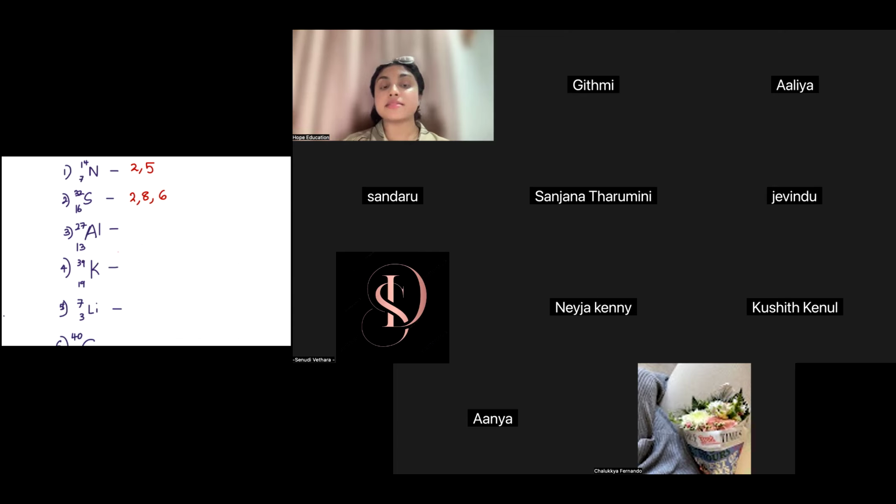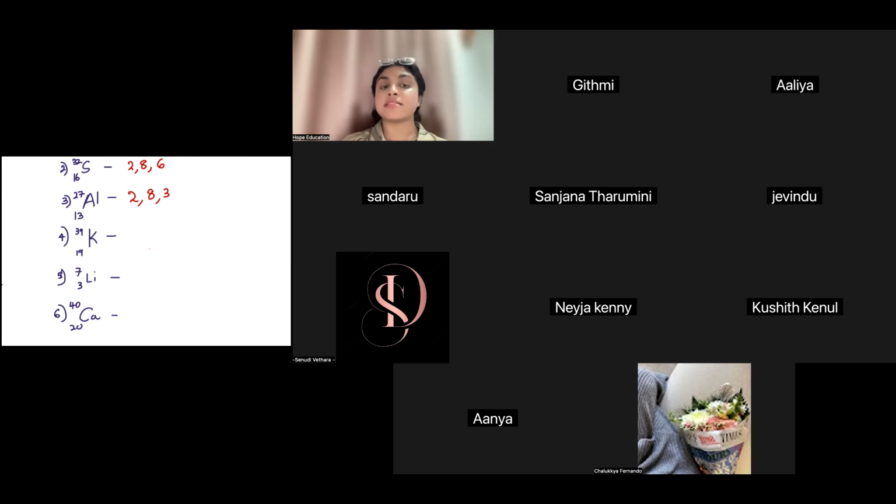Aluminium, the atomic number is 13. The number of protons is 13 and the number of electrons is 13. First energy level takes 2, 11 remaining. Second energy level takes 8, 3 remaining. That 3 I put in the third energy level. Potassium atomic number is 19, so protons 19 and electrons also 19.